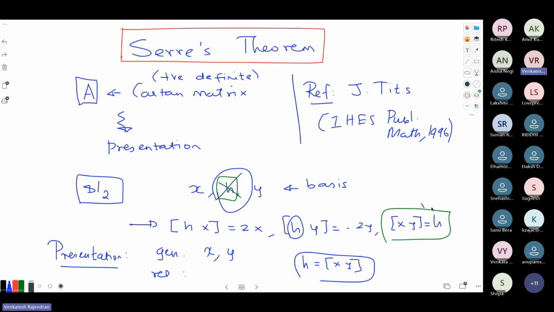We will be able to recover it by taking the bracket. But what is Serre's presentation actually? Serre's presentation is exactly this: it is generated by three generators, x, h, y, with these relations.